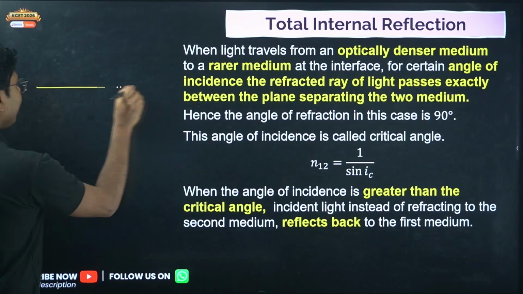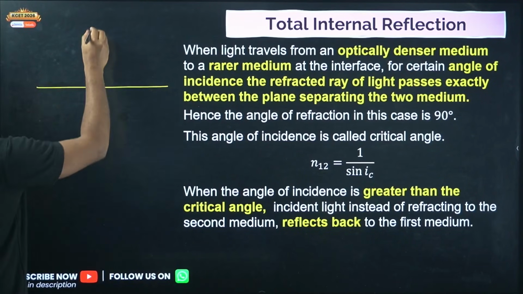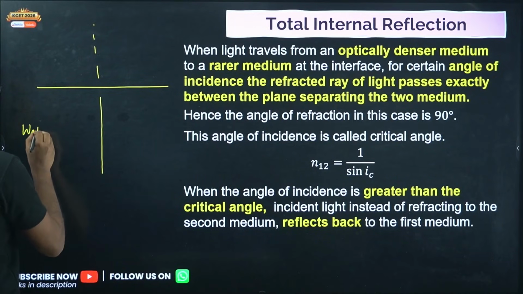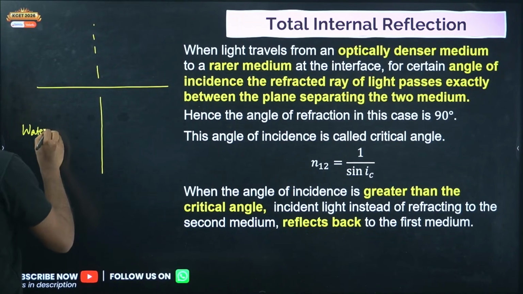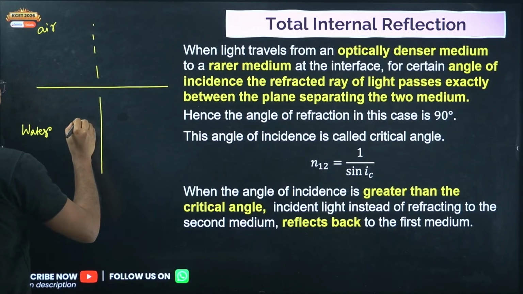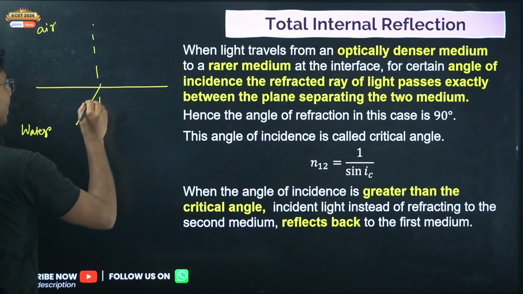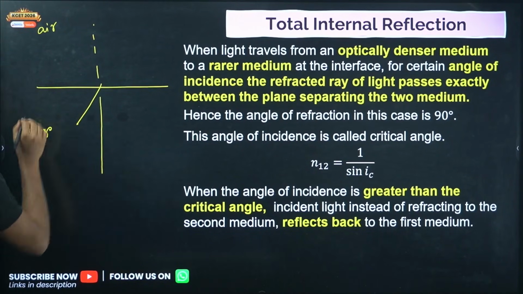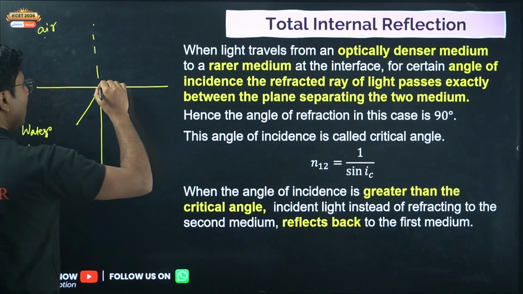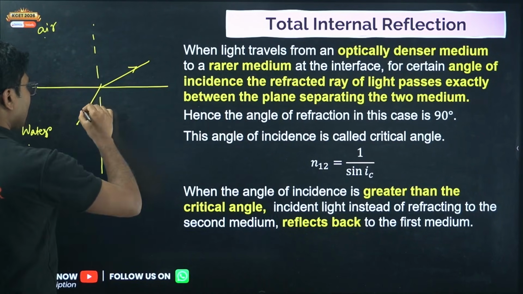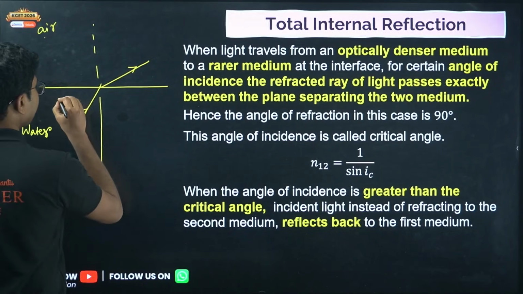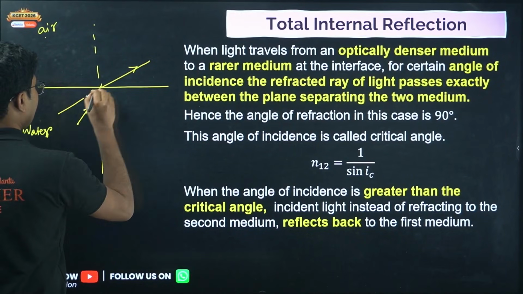Suppose we have water over here and we have air over here. A ray of light is traveling from here, because it's a denser medium and this is a rarer medium, after traveling up to this point, it will move away from the normal. Now if you increase the angle of incidence, then what happens?